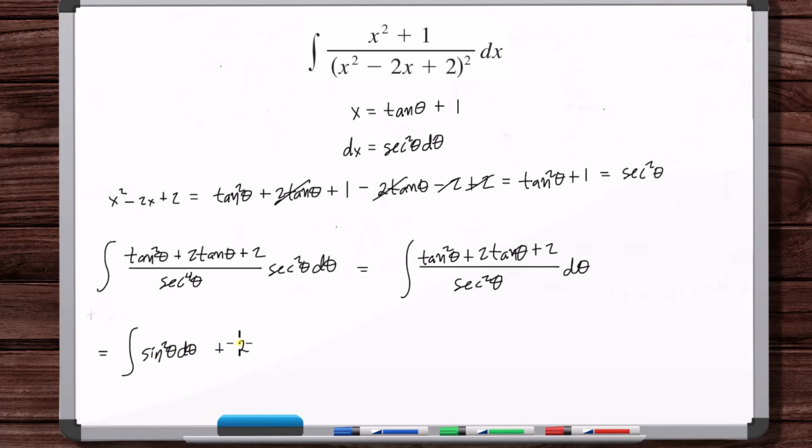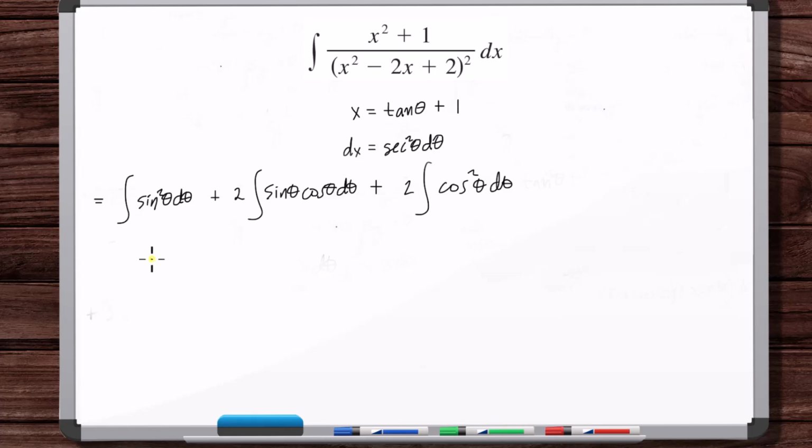Plus tangent theta over secant squared theta is sine theta cosine theta. And then 1 over secant squared theta is cosine squared theta.